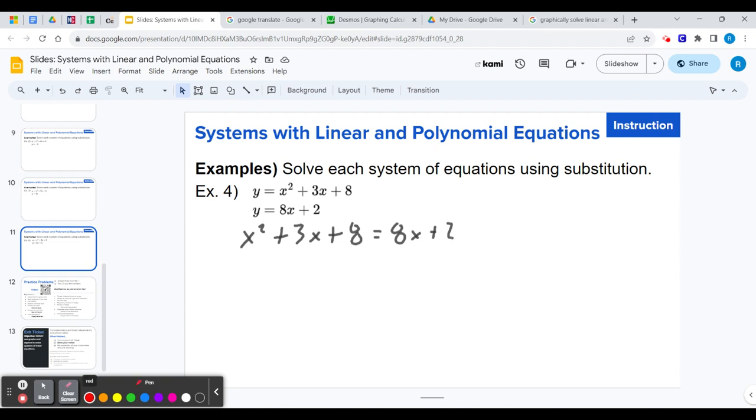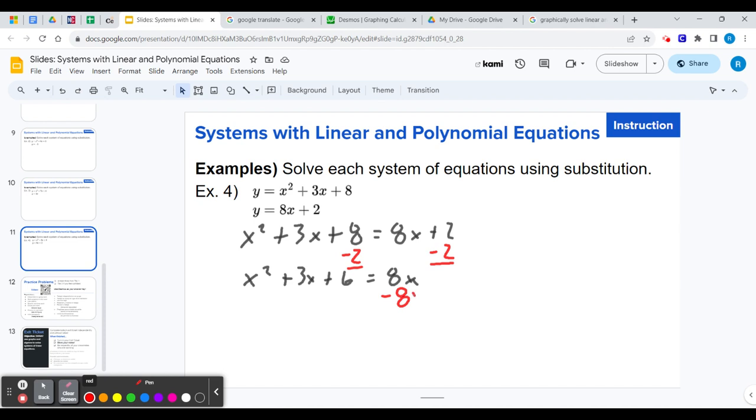And just like we did before, we can move stuff over to get 0 on the right side of our equation. So if we do that, we move that 2 over by subtracting it. x squared plus 3x plus 6 now equals 8x. Then we could also move that 8x over right after that.